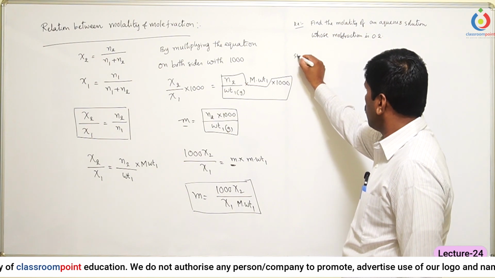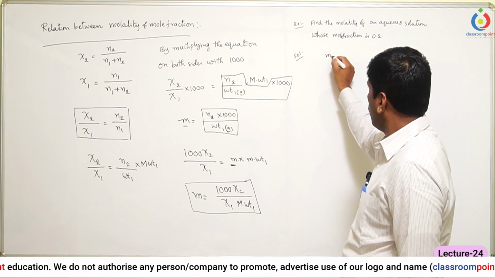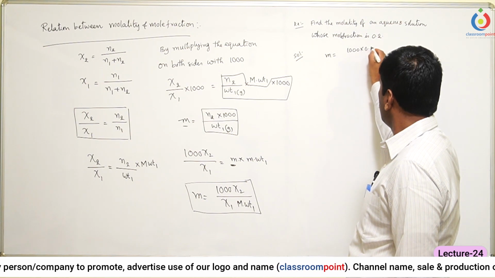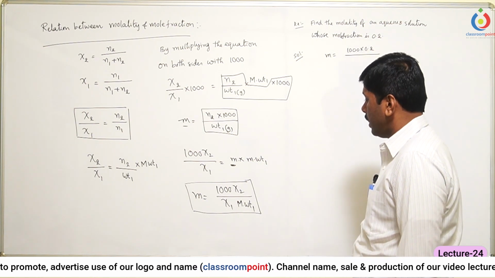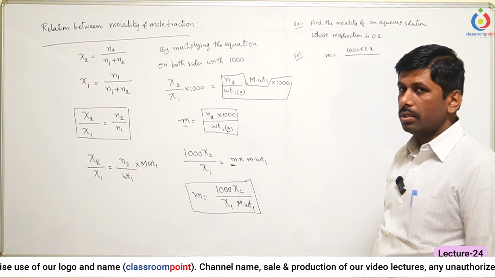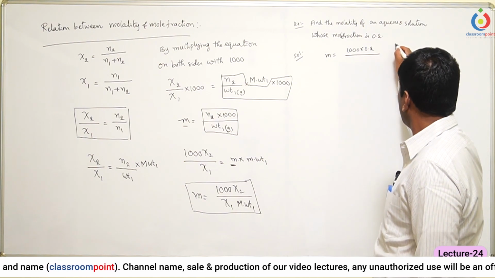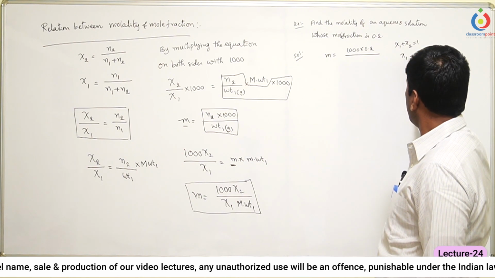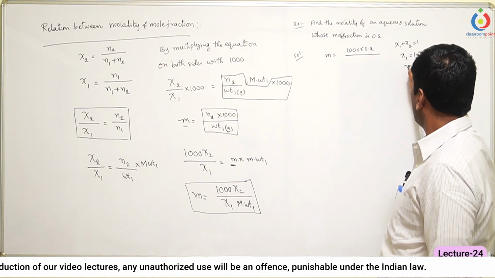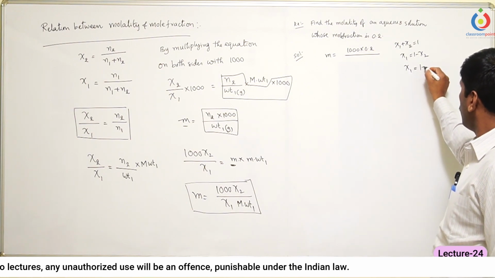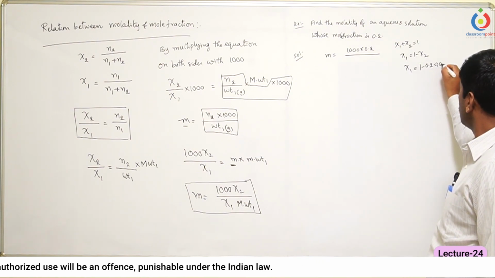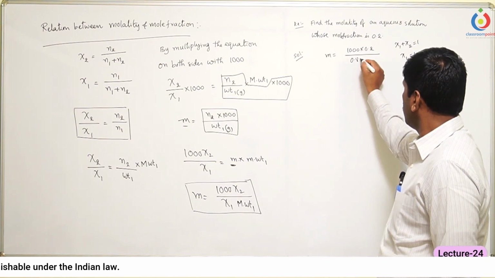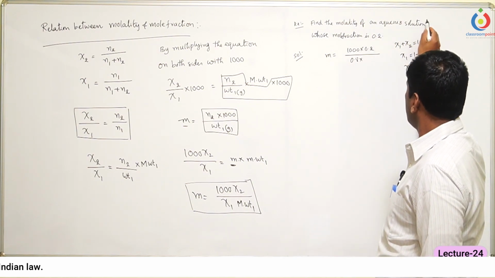Now let us solve this. Molality equals 1000 into 0.2 divided by x1. We know that the mole fraction of the solute plus the mole fraction of the solvent, x1 plus x2, equals 1, then x1 equals 1 minus x2, which is 1 minus 0.2 equals 0.8. That value is substituted here, so it is 0.8 into the molecular mass of the solvent.